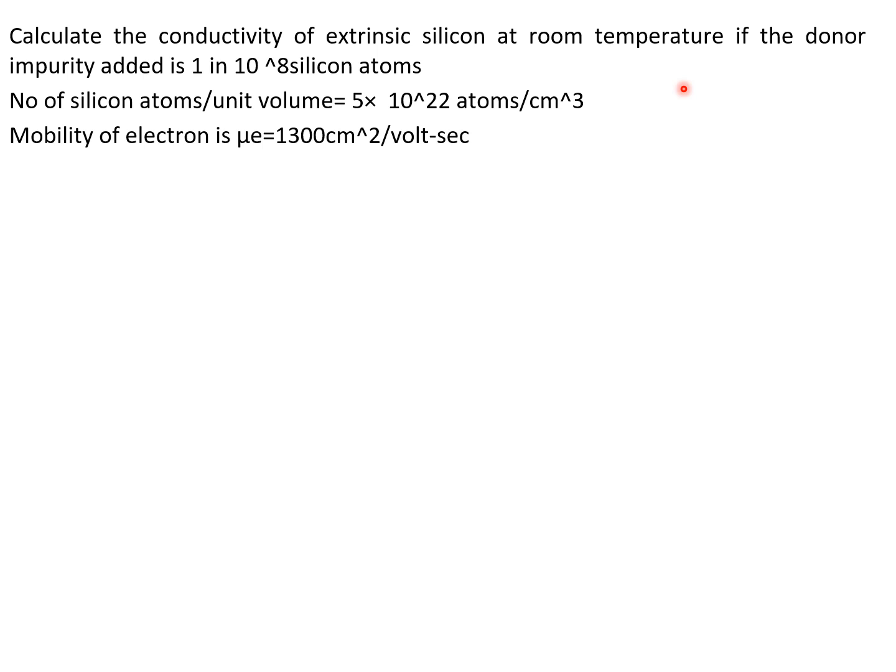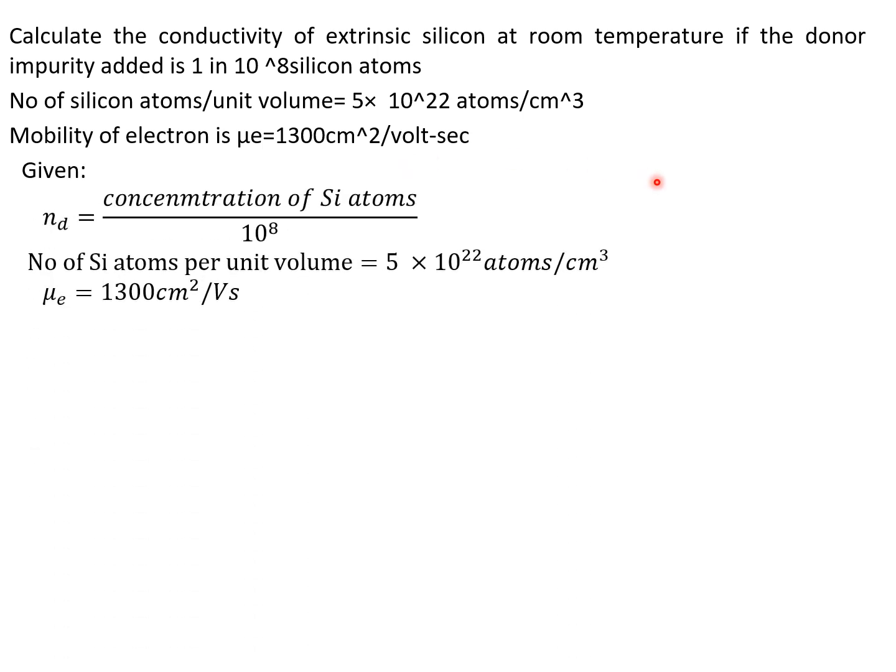This is directly given, otherwise we would have to calculate it using Avogadro number and density of silicon as we have done in the earlier numerical. But now here the concentration of silicon atoms is directly given. The mobility of electrons will be required, 1300 centimeter square per volt second.